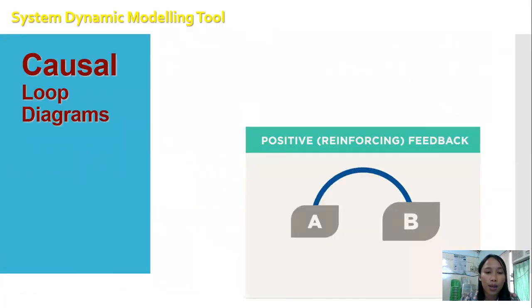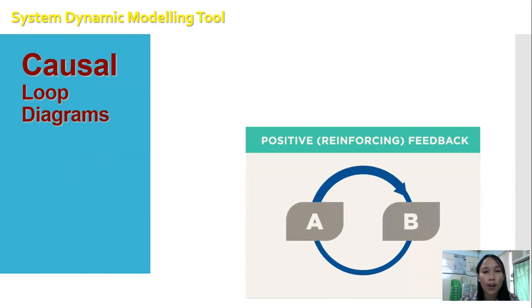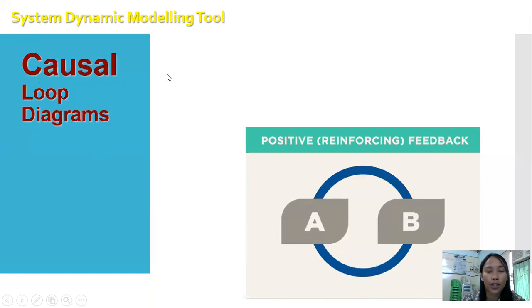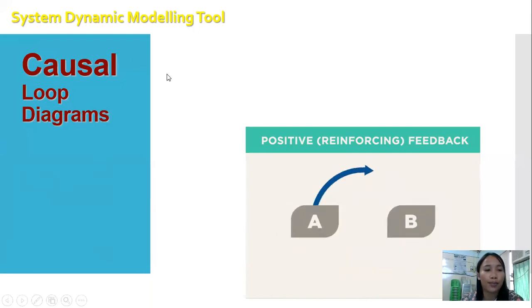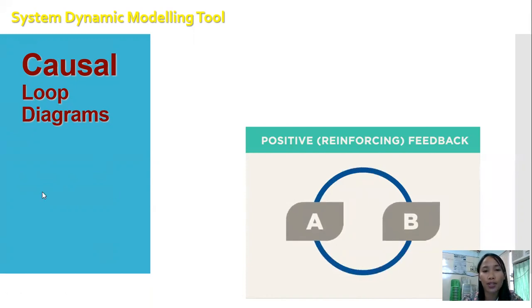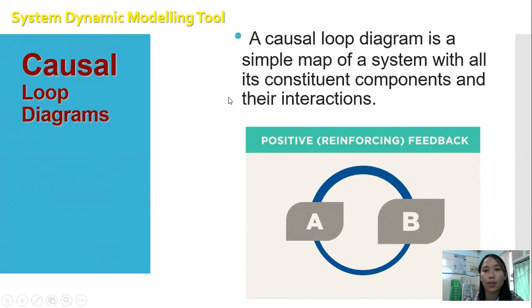From that system dynamics methodology, there are 2 important tools that we must do in modeling our system dynamics problem. First, we have our causal loop diagrams. The causal loop diagram is a simple map of a system with all its constituent components and their interactions.